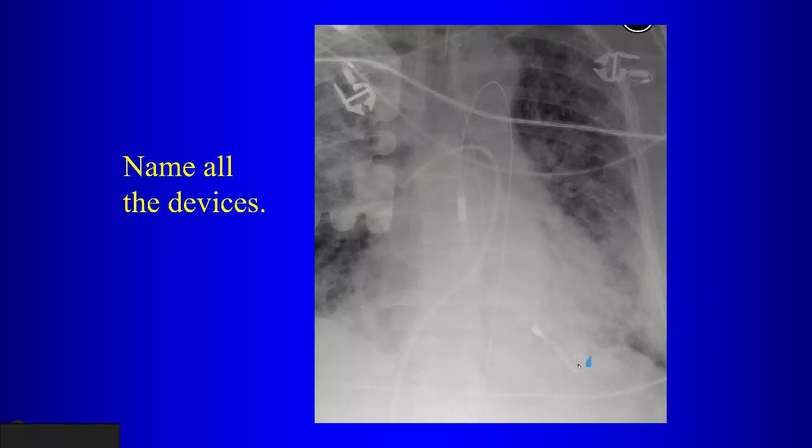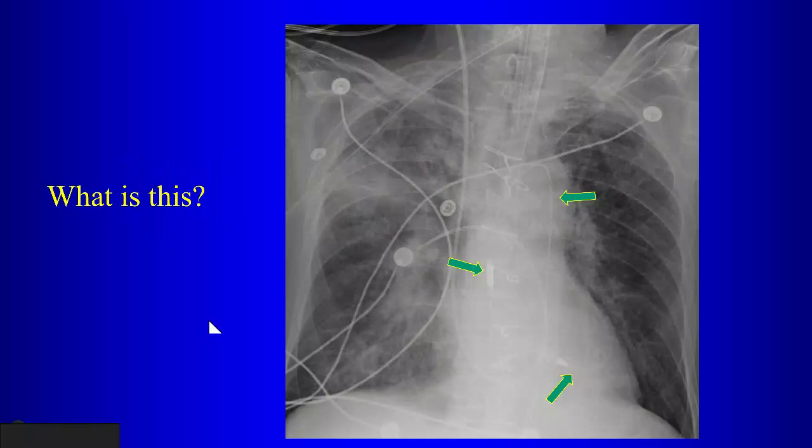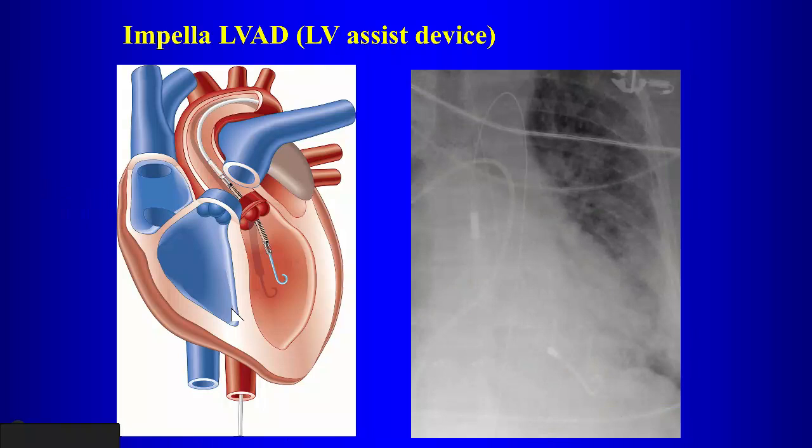The way this works is it sucks the blood out from the left ventricle and deposits it within the ascending aorta distal to the aortic valve. So this is a left ventricular assist device. This is called an Impella, all right? It has this little funny hook at the end that goes in the left ventricle, and then this part here would go above the aortic valve.